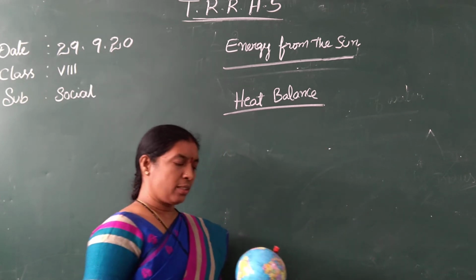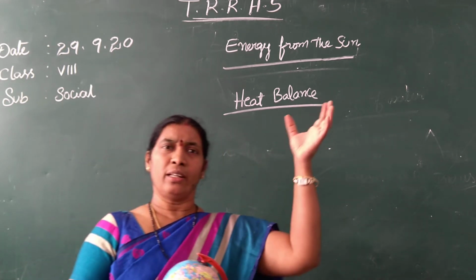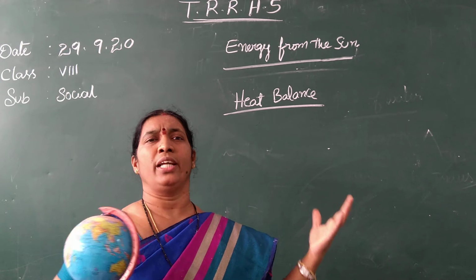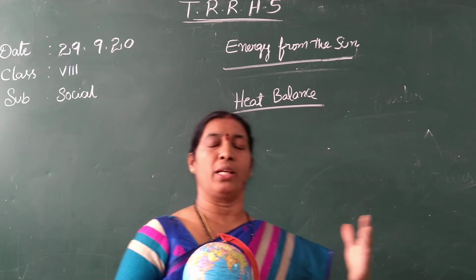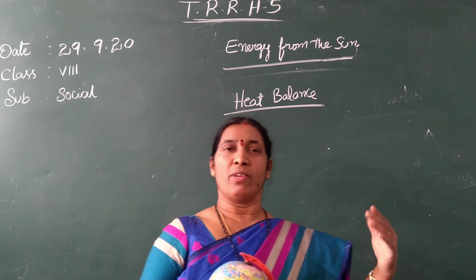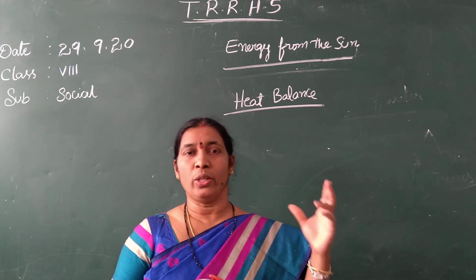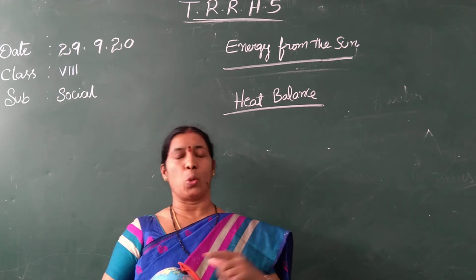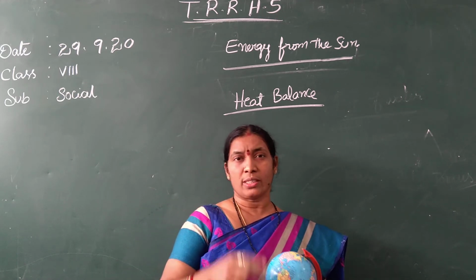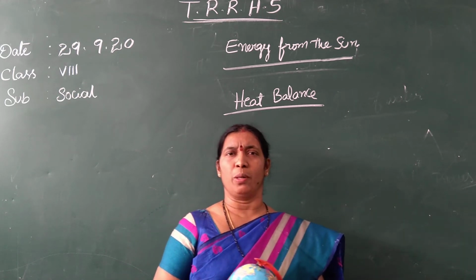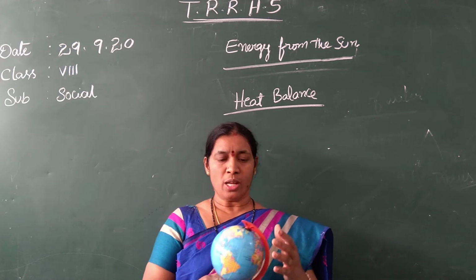Generally, what happens when the sun is giving light and heat? You all know that it's a big powerhouse. It gives energy, power and light. The only source, the prime source for the total earth is the sun. So the sun is giving a lot of power and energy to the earth.